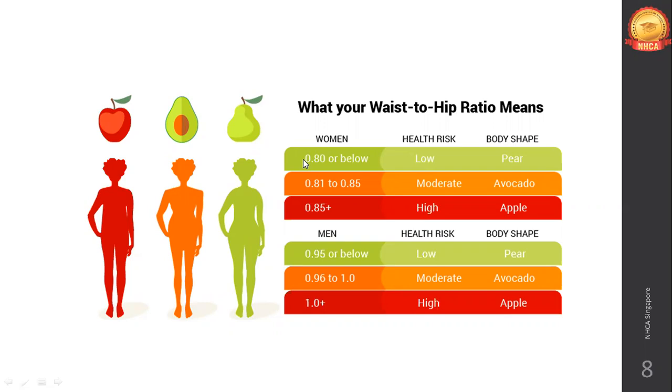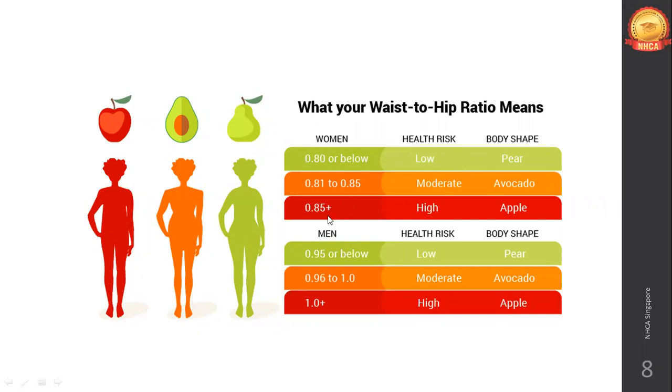And whatever answer you get, for women and men, the values change. So for women, if it is 0.80 or below, you have a low risk of cardiovascular diseases. Here, we are not just speaking about obesity. When you see low risk here, also understand it's a low risk for cardiovascular diseases, atherosclerosis and other CVD problems.